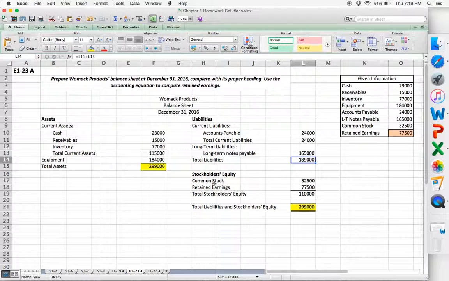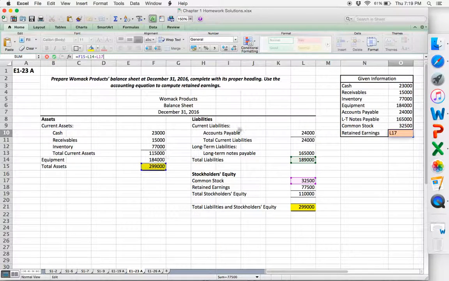And then we're going to come in here to our stockholders' equity. Now they gave us our common stock of 32,500, but originally they did not give us the retained earnings. We had to figure this one out. So to do that, I came over to this little box that I left blank and wrote in a little formula. So this is where you're taking your total assets of 299,000 and you're subtracting out what's given under liabilities.